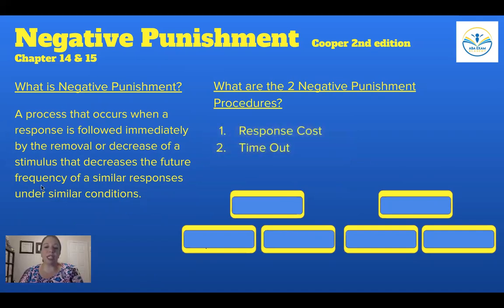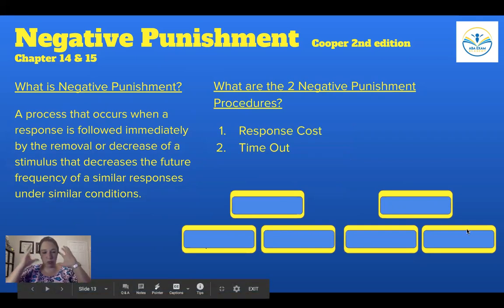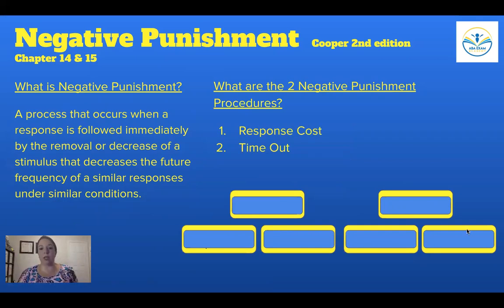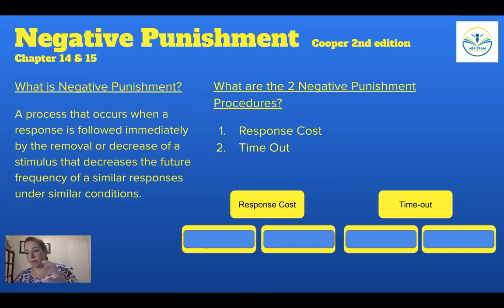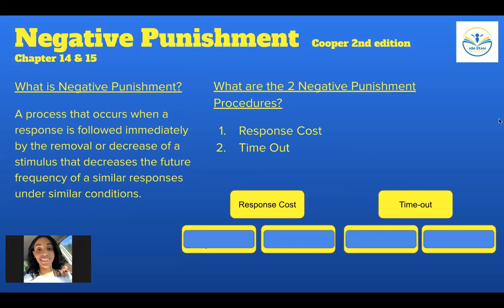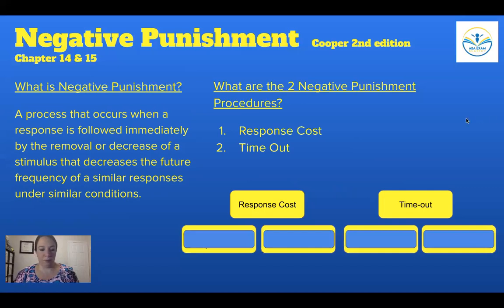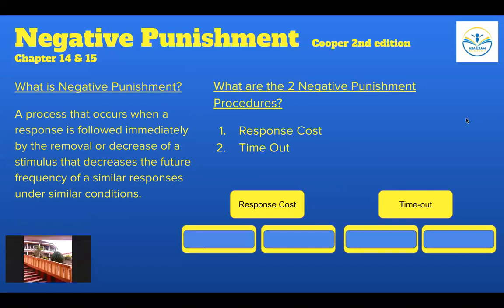All right, so I have a little tiny chart here just to get you organized. Response cost and timeout. Within response cost and timeout, we have 2 under the umbrella of response cost and 2 under the umbrella of timeout. What are those? Let's do response cost first. Is bonus response cost a part of that? Yes, ma'am.